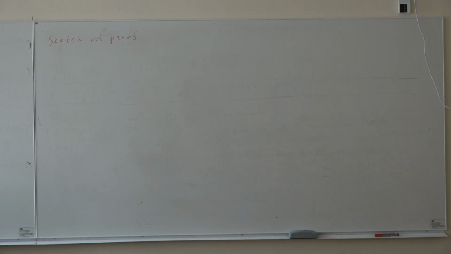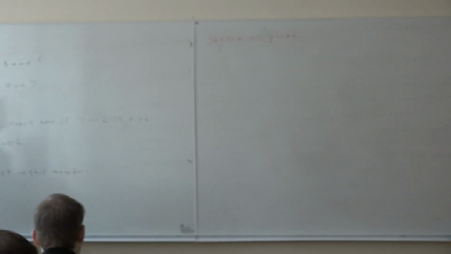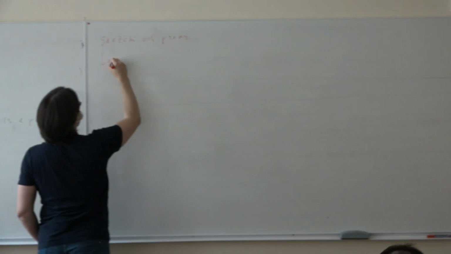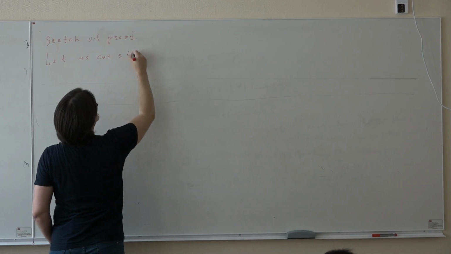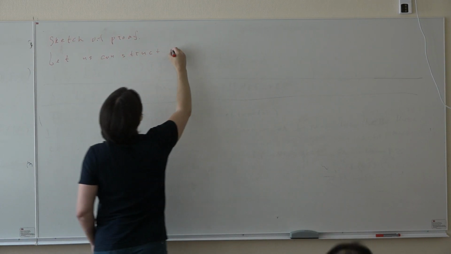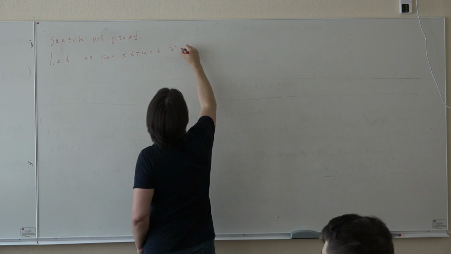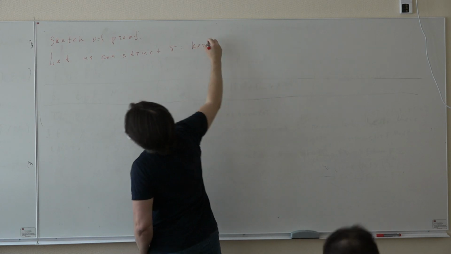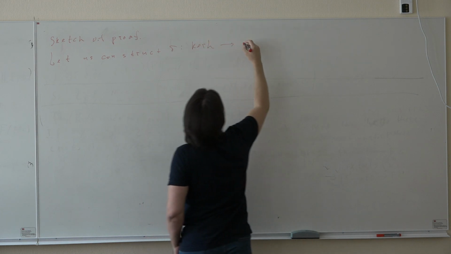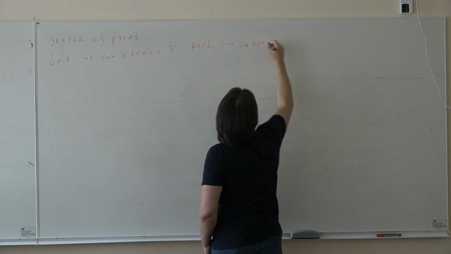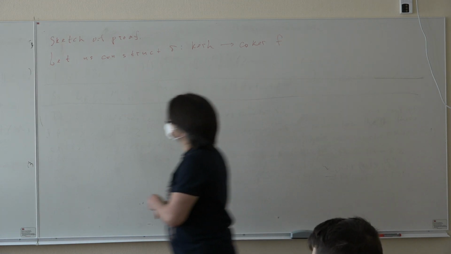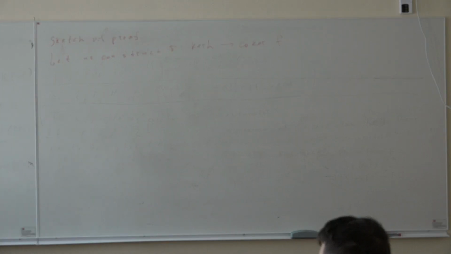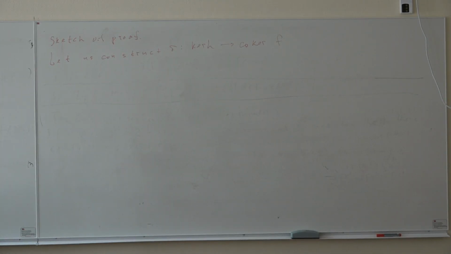How one can construct this map delta from the kernel of H to the co-kernel of F. Well, it can be constructed by the so-called diagram chase.